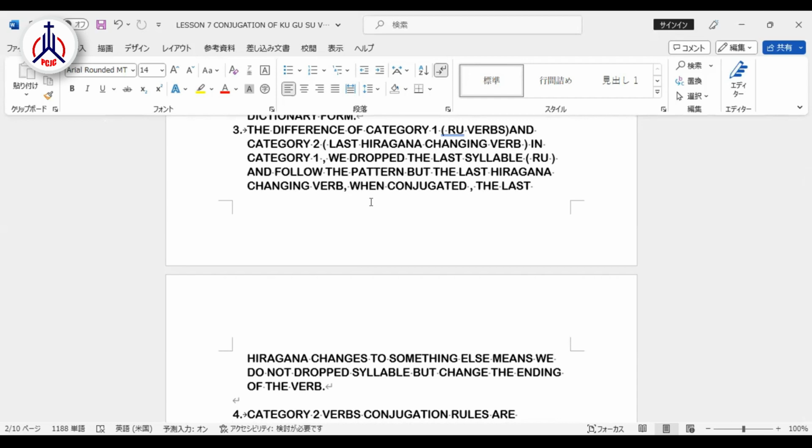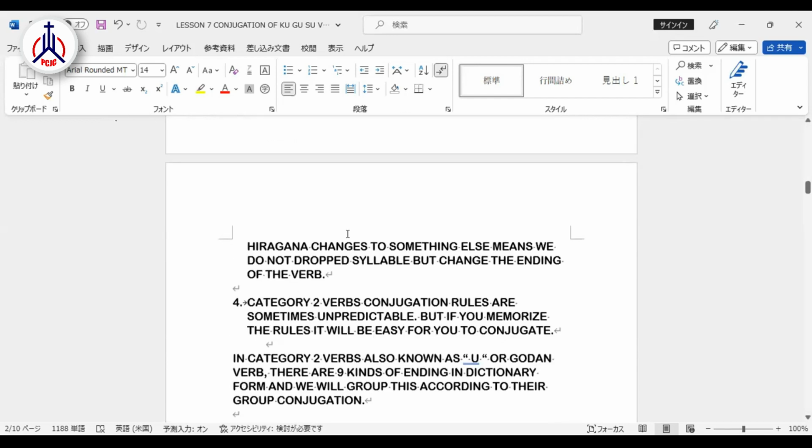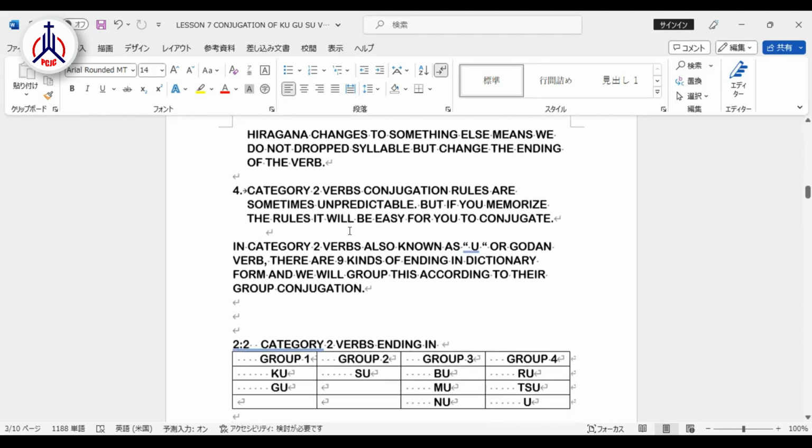But in category 2, when you conjugate it, the last hiragana syllable changes to something else. It means we do not drop the syllable, but we change the ending of the verb. So later on you will understand this.